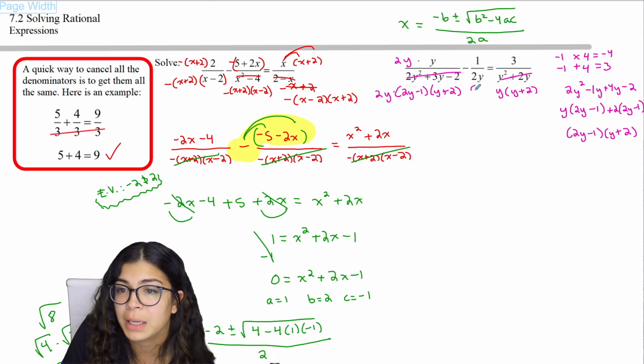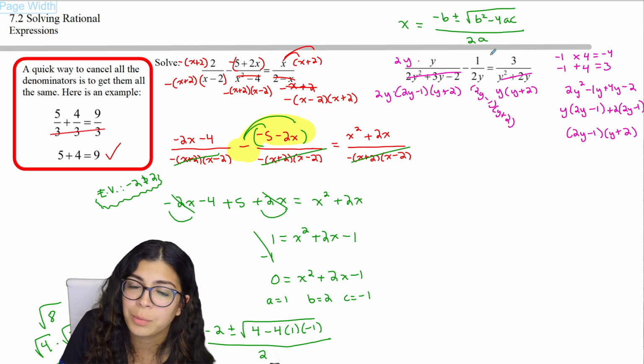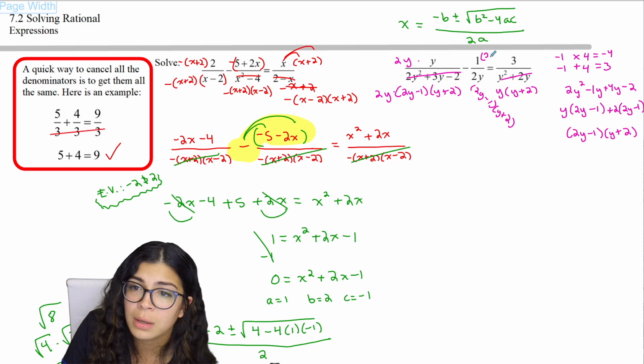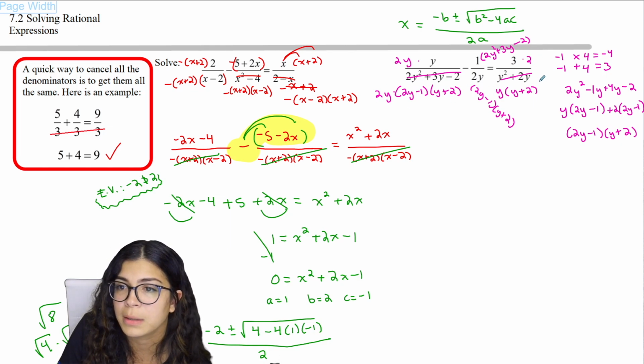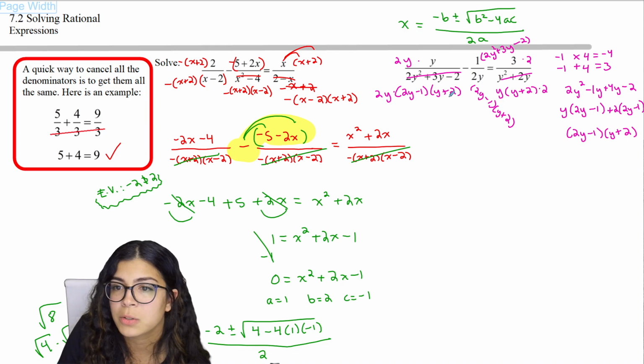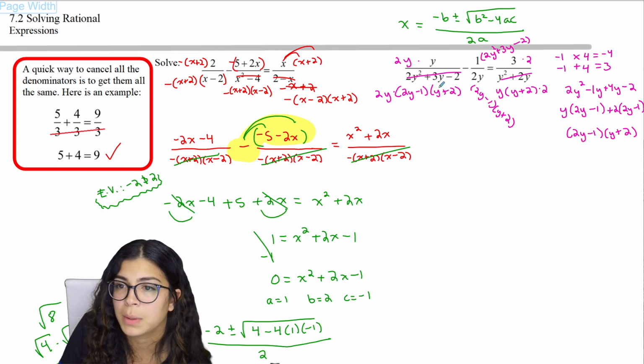So I'll multiply the denominator by the factored version, and I'll multiply the numerator by the simplified version because I'll have to simplify and combine the numerators anyway. And then lastly, for this one, we're missing a copy of 2 that I need to multiply on top and bottom. And I'm also missing the 2y minus 1.